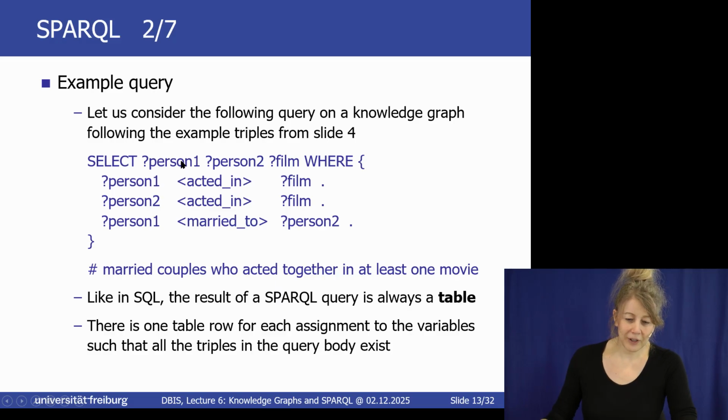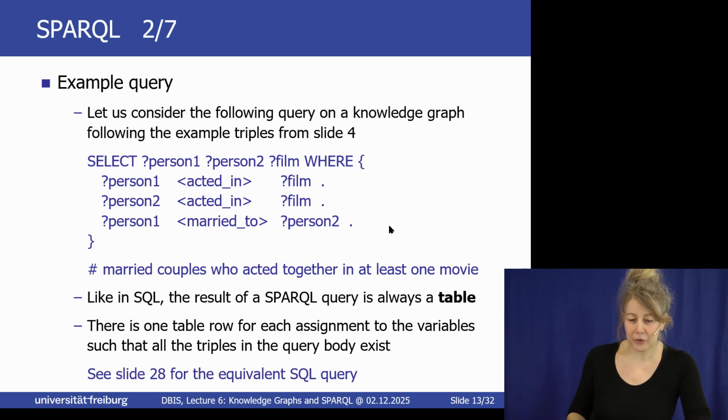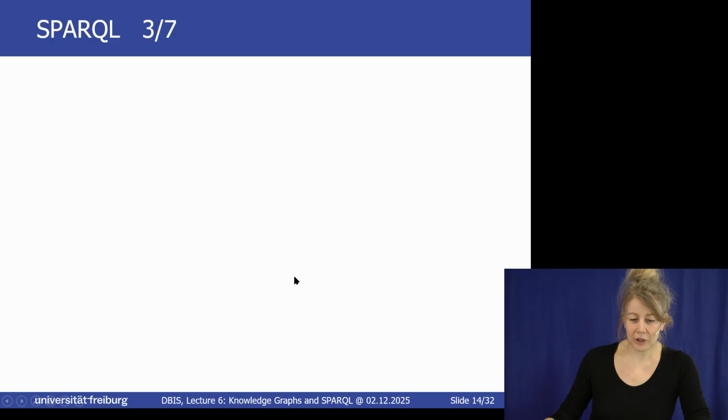So if I have, let's take the example, Tom Cruise, Nicole Kidman, and Eyes Wide Shut, then this triple, Tom Cruise acted in Eyes Wide Shut, exists. Nicole Kidman acted in Eyes Wide Shut, exists. And Tom Cruise married to Nicole Kidman exists. That's the semantics of a query. And please ask if there are any questions. And in the second part, we will see the equivalent SQL query.